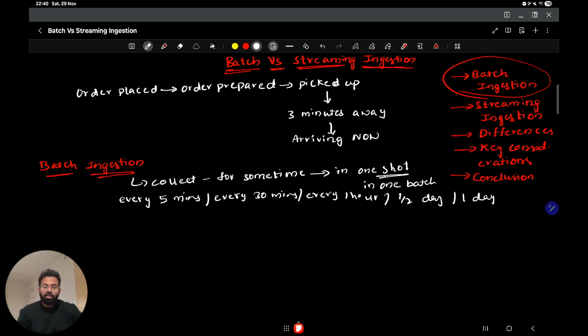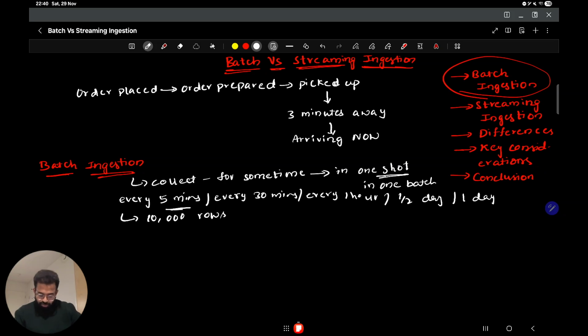So this is on the timing level. Or it can even be, for example, when data reaches a certain size, like maybe 10,000 rows or 15,000 rows, then also that batch could run.